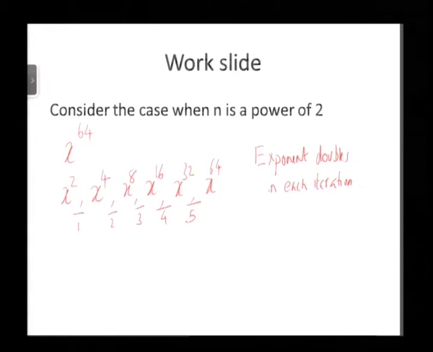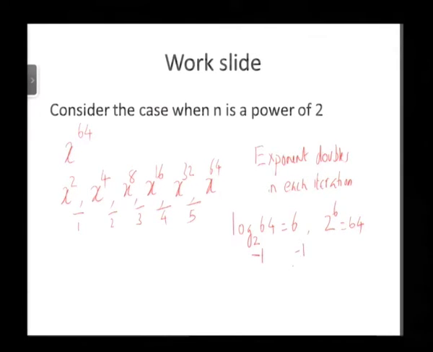And it is very clear that log 64 to the base 2 is 6, because 2 power 6 is 64, minus 1 because we started off with x square, this is 5. Therefore, there are 5 iterations.